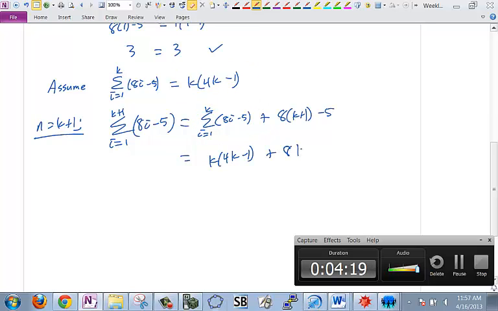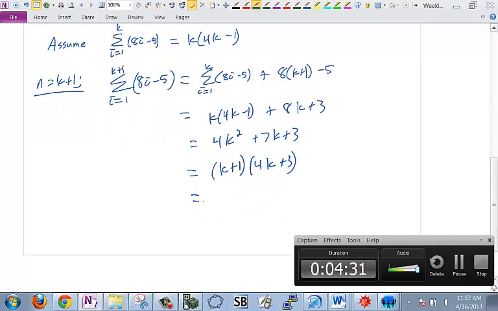And this simplifies down to 8k plus 3. And so you end up with 4k squared plus 7k plus 3. And that factors down to (k plus 1)(4k plus 3). Of which 4k plus 3 can be rewritten as 4(k plus 1) minus 1, which is exactly what the right side should be if k plus 1 was plugged in.